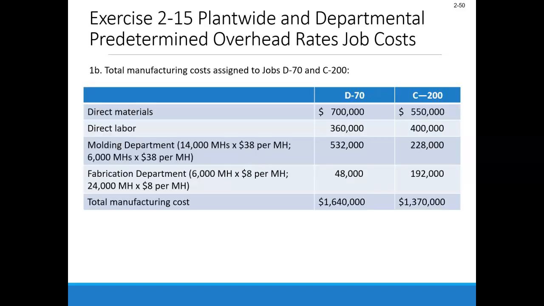Then from there, we need to assign it based on actual machine hours. So we get our direct materials, we get our direct labor, we take our actual machine hours for the molding and fab times those predetermined rates to come up with the costs per job.